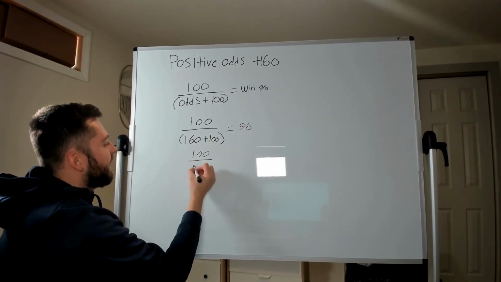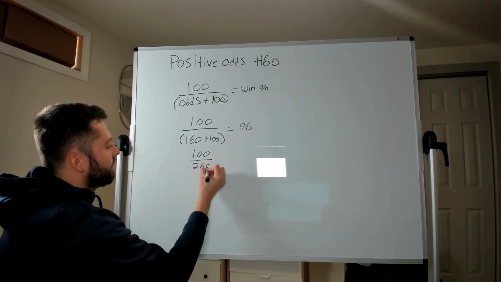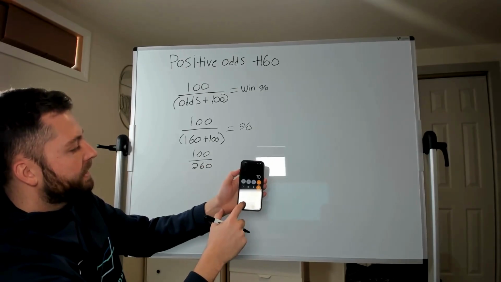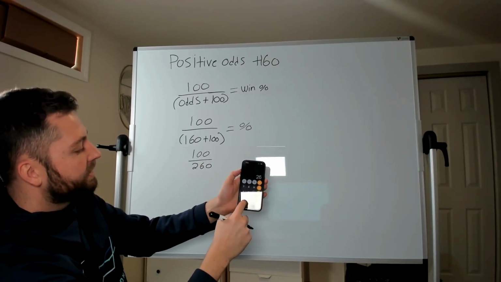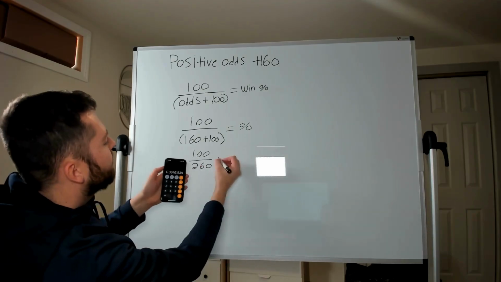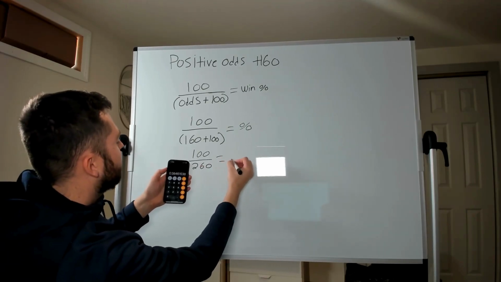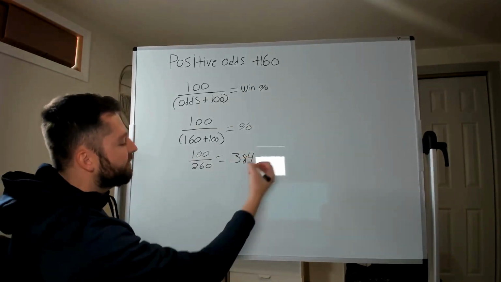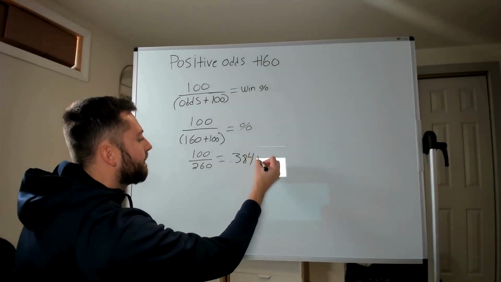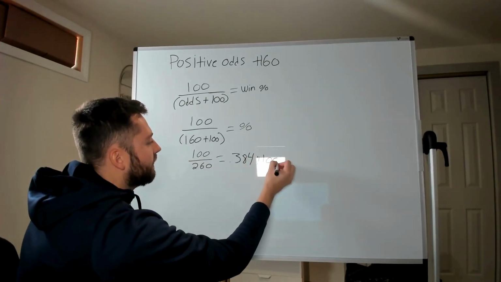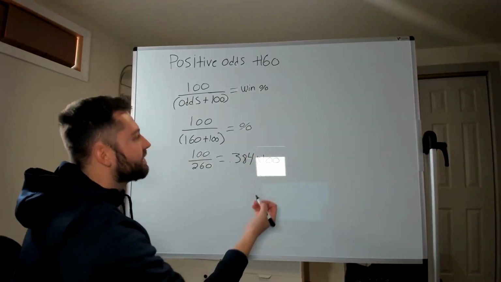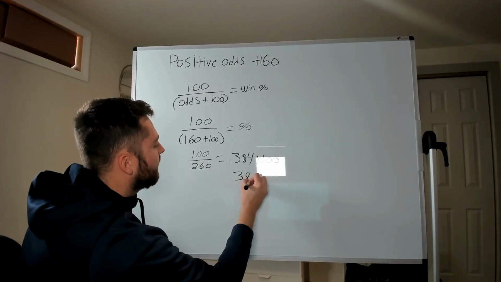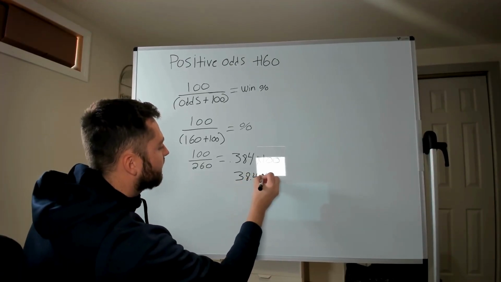Break it down one more step: 100 divided by 260. Do that on our calculator here. 100 divided by 260 equals 0.384. We multiply that by 100 to get this decimal expressed as a percentage, which is 38.4%.